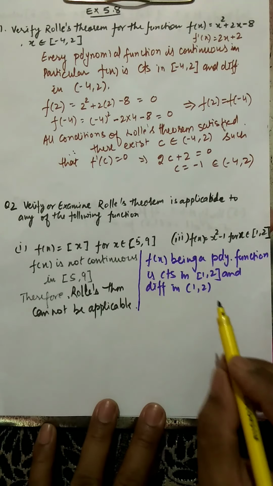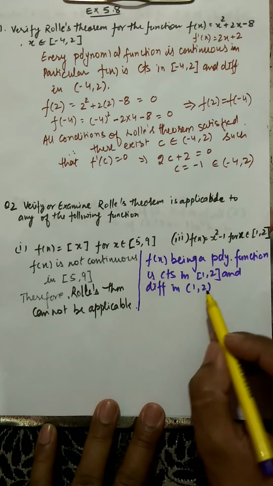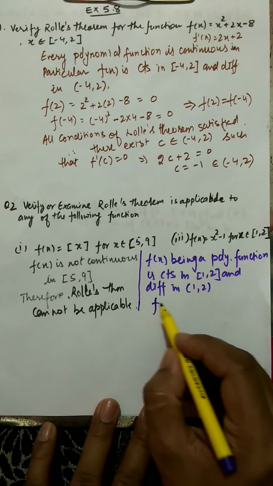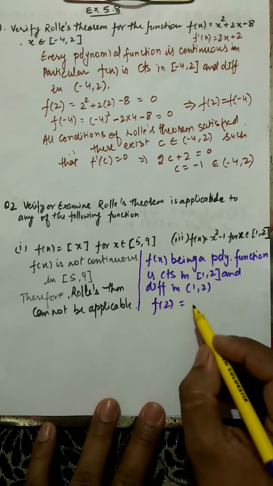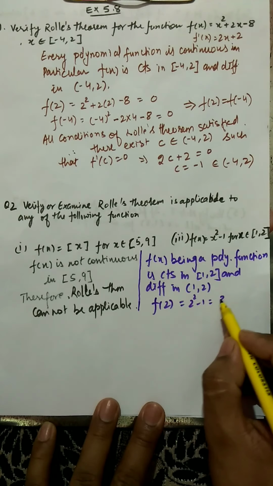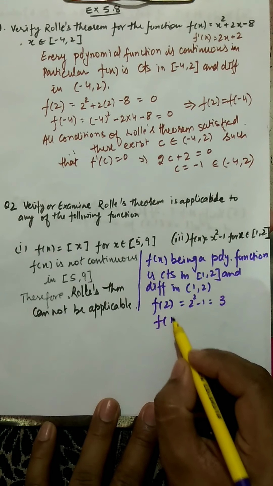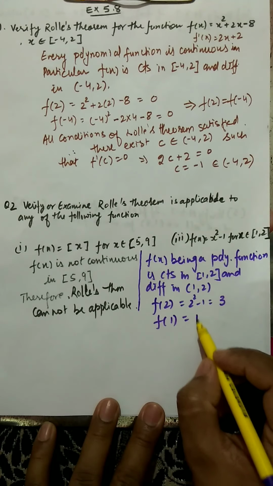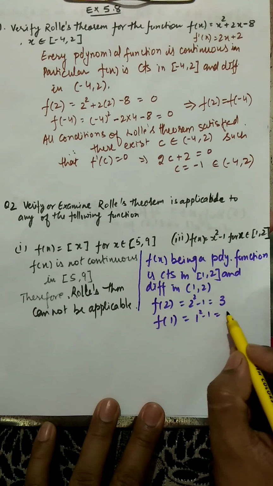Next, you have to check f(2) = 2² − 1, which is 3, and f(1), which is f(a), is 1² − 1, which is 0.